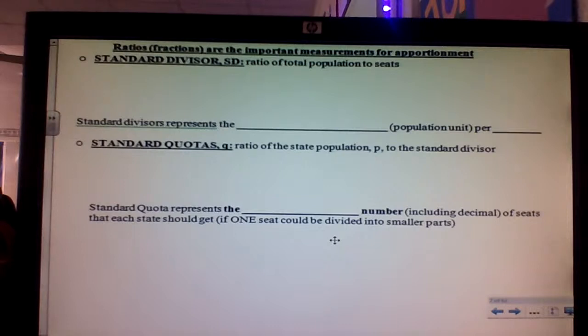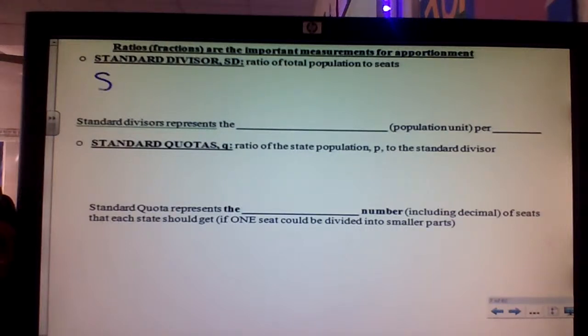You have 2 major formulas that I need you to 100% know how to do. You need this for every method from here on out. This is your base, the rest of the year. Okay, the first one is your standard divisor. Your standard divisor is the ratio of the total population to the seats.